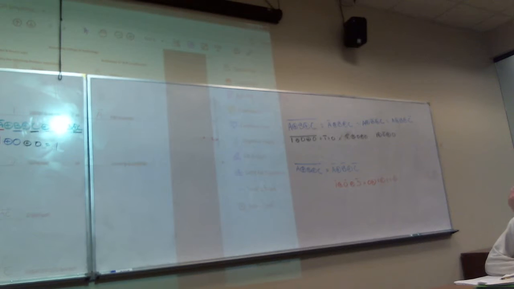So just to prove this point, we could have said A not XOR B not XOR C not, XOR A, XOR B, XOR C. Now every pair of variable and its opposite is going to produce 1: A not XOR A is 1, B not XOR B is 1, C not XOR C is 1, and 1 XOR 1 XOR 1 is equal to 1.